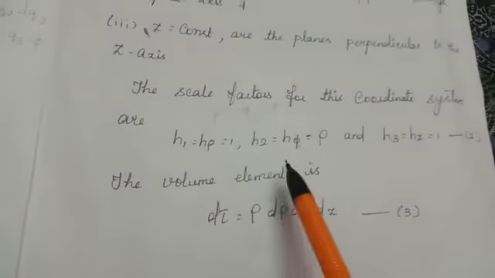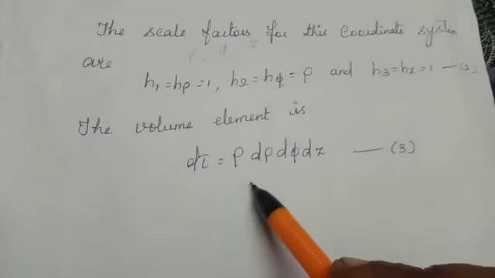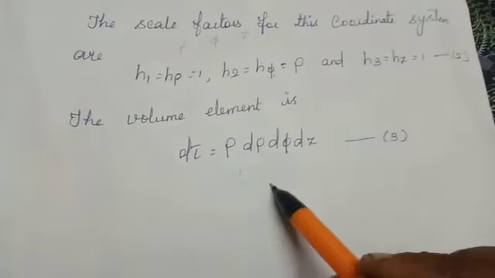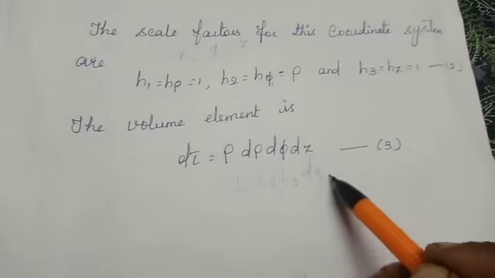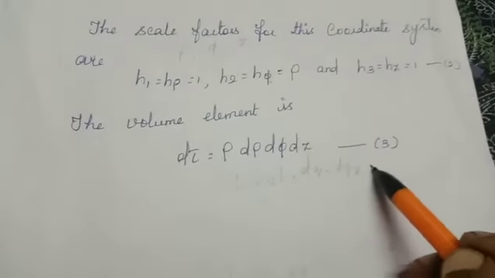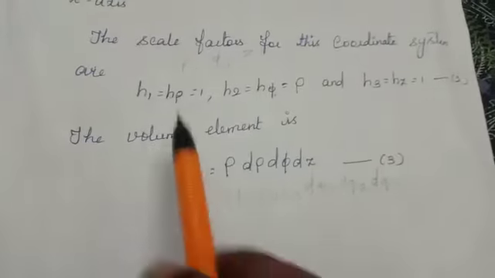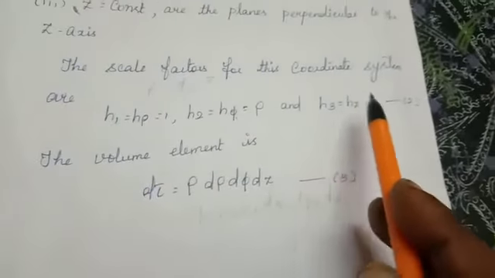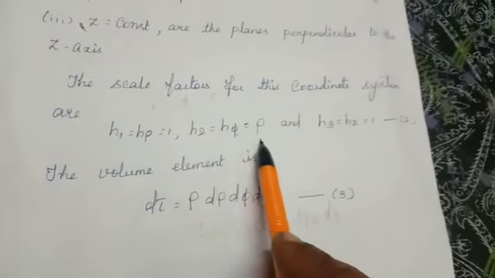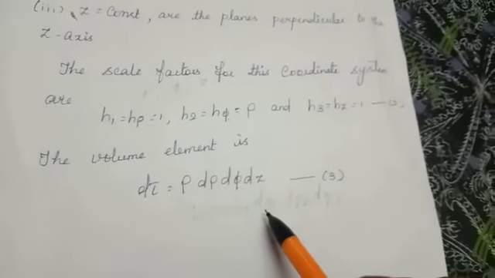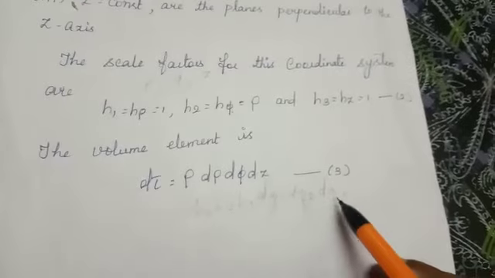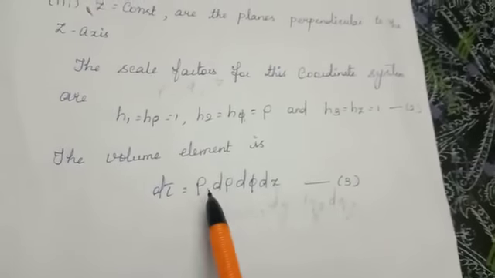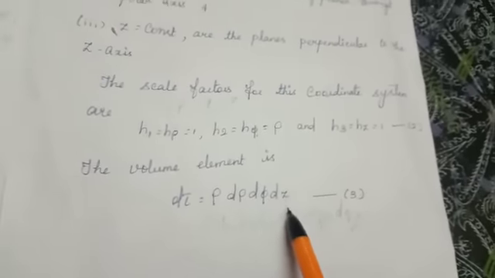The volume element we know: d tau is equal to h1 h2 h3 dq1 dq2 dq3. Here h1 h2 h3 give 1 into rho, where q1 is rho, q2 equal to phi, q3 equal to z. So d tau equals rho d rho d phi dz.